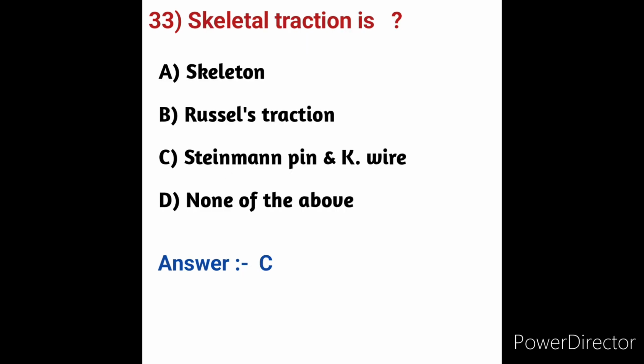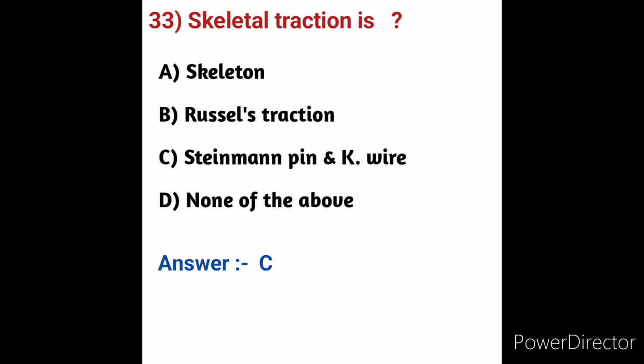Skeletal traction is... options. Option A skeleton, option B Russell's traction, option C Steinman pin and K-wire, option D none of the above. Here skeletal traction uses option C, Steinman pin and Kirschner wire or K-wire.